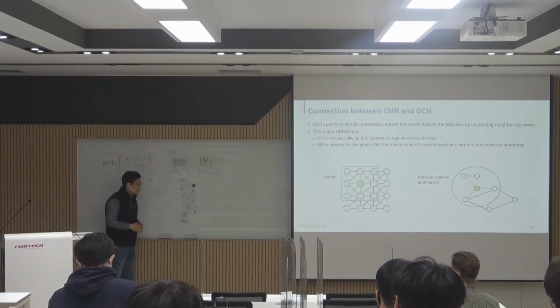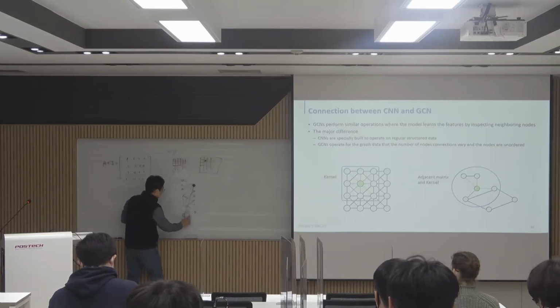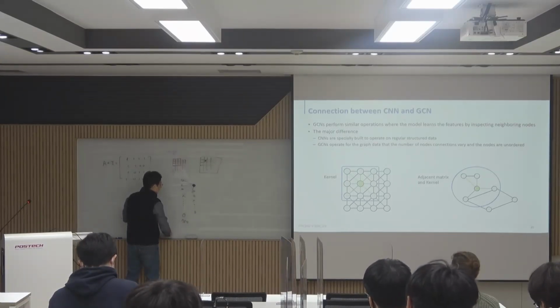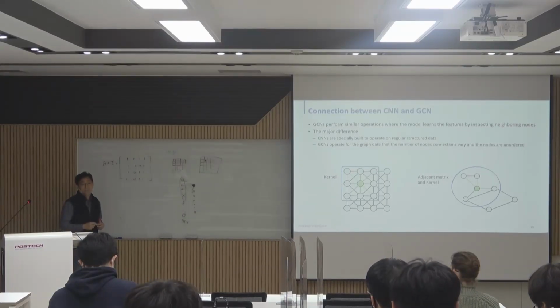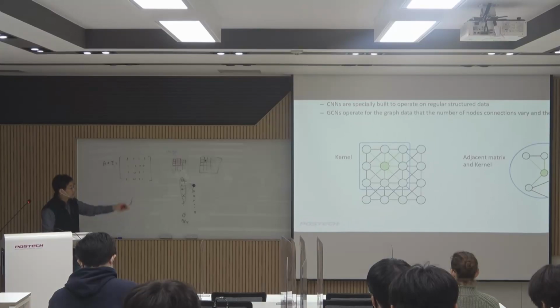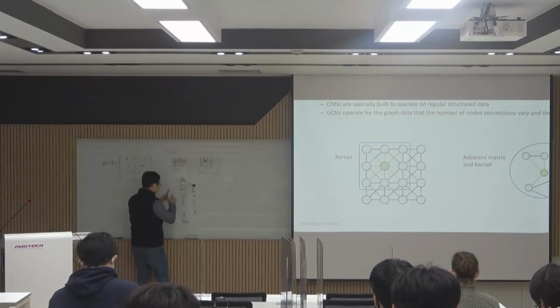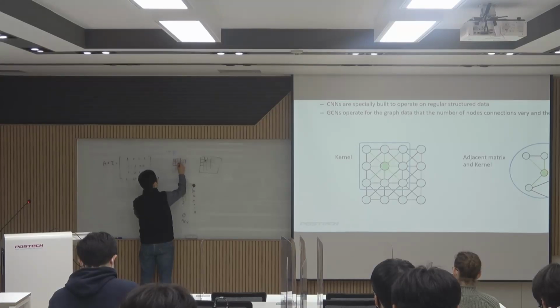So I'm going to consider only the neighborhood information. That's what the figure is trying to tell us. Why is that? Because from images, we know that these are connected.